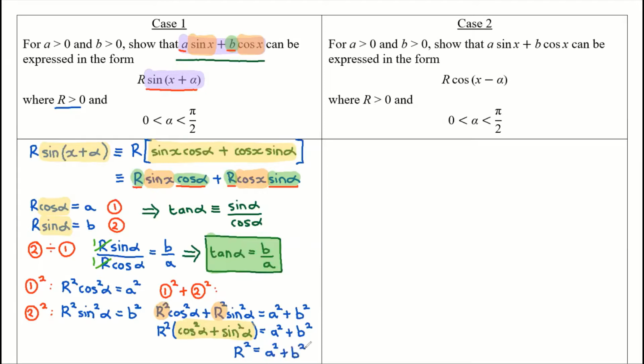And I'm just going to come over here just to finish this off because you've got a bit more space than I have. We can say that r, because it's positive, would be the positive root of a squared plus b squared. So it's a Pythagorean relationship, isn't it?